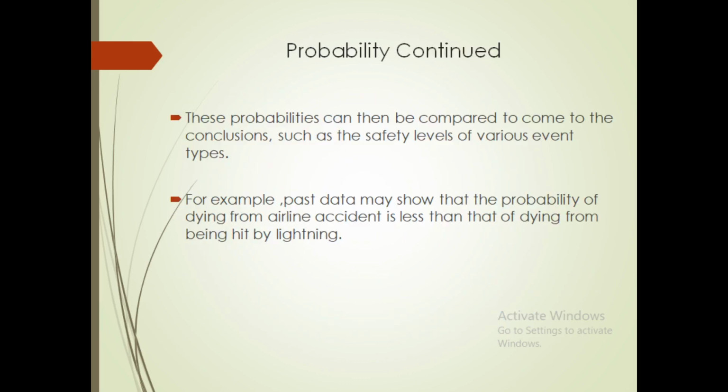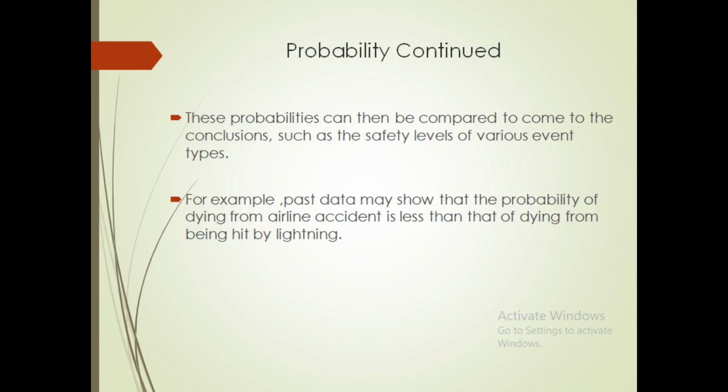If you want to compare two probabilities, we will consider an example. For example, past data may show that the probability of dying from an airline accident is less than that of dying from being hit by lightning.